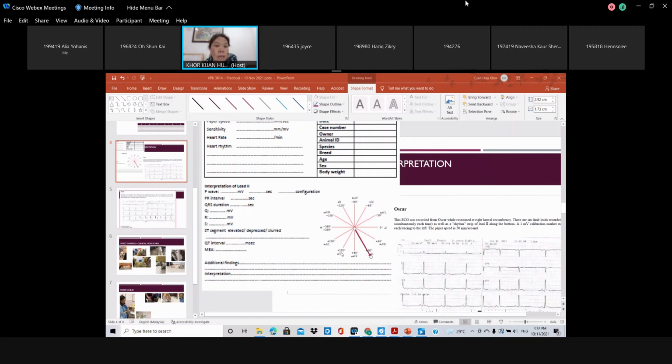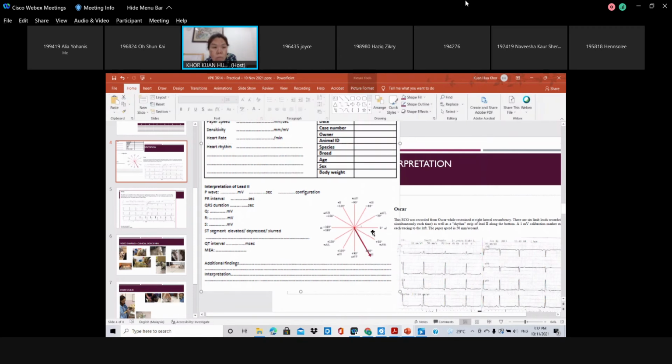Okay, so I'm just going to make a simple scale for the fun of it, just to let you all understand better. So let's say this is a scale of 5, and then another scale of 5, and I simply mark like that.